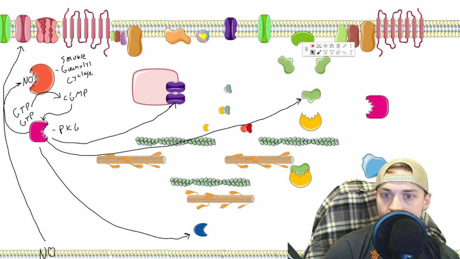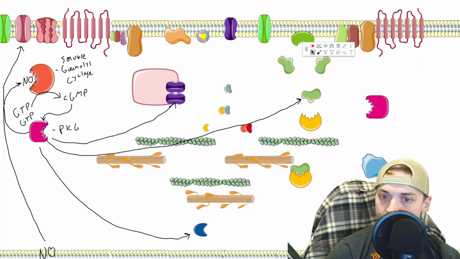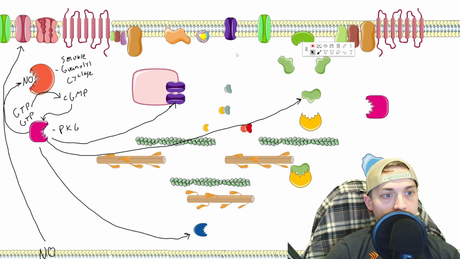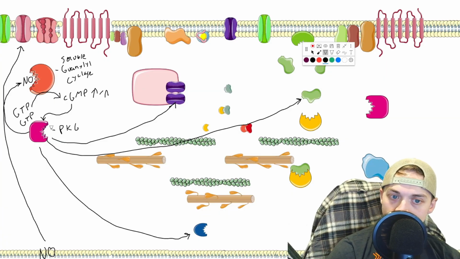So what this SGC does is it takes GTP, or guanine triphosphate, and it converts it into cyclic guanine monophosphate, or cGMP. Now, increased concentrations at a certain level of this cGMP are going to activate an enzyme called protein kinase G. Now, protein kinase G does a couple different things.